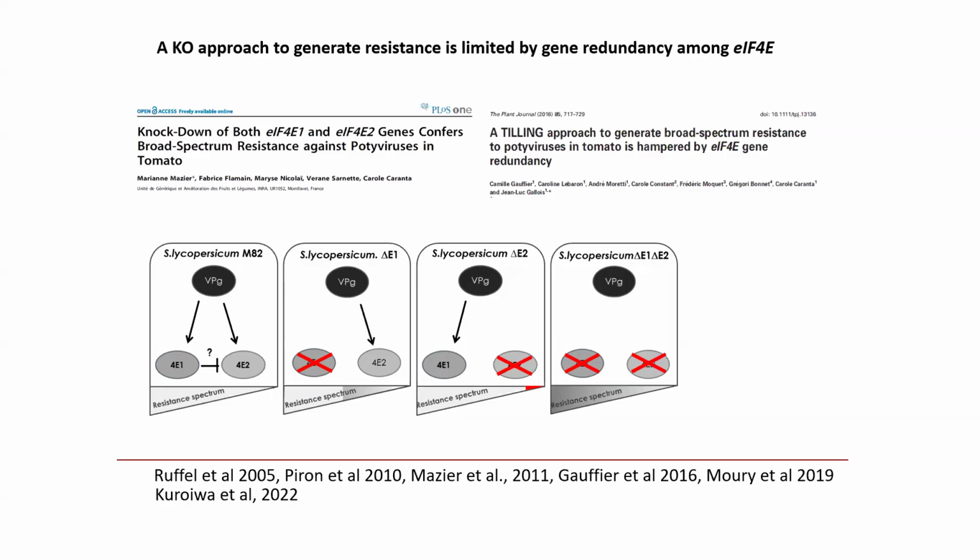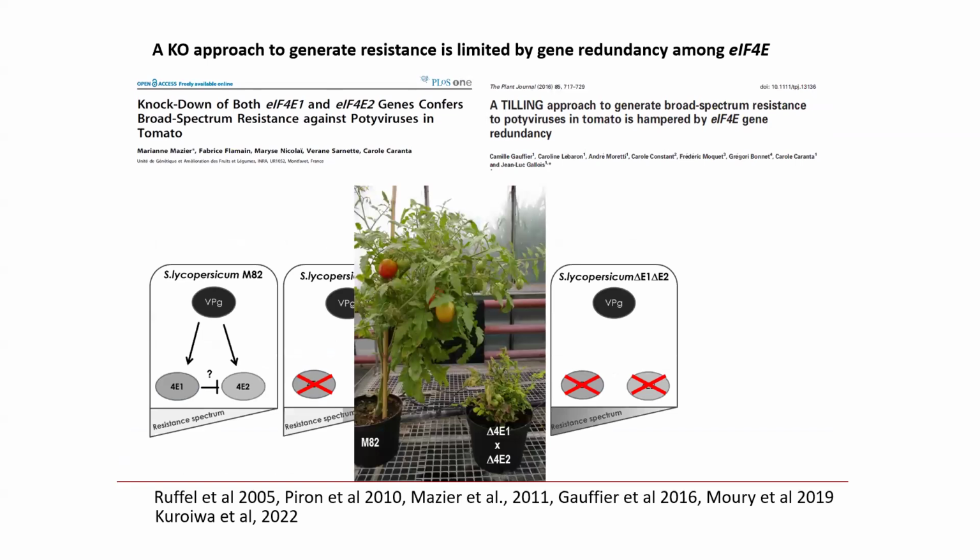What can work is you can inactivate both eIF4E1 and eIF4E2, so then you can use, for example, a multi-guide strategy, and you will have a very broad resistance spectrum to a lot of potyvirus isolates. But then, as you can see here on the right of the picture, this is a healthy eIF4E1, eIF4E2 plant.